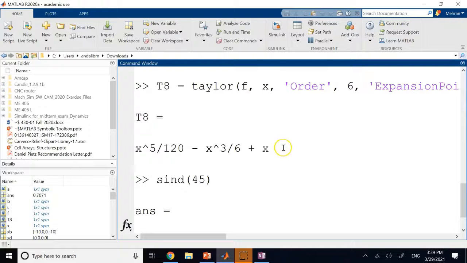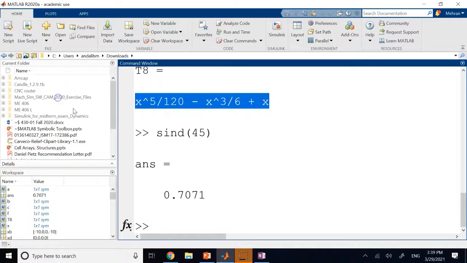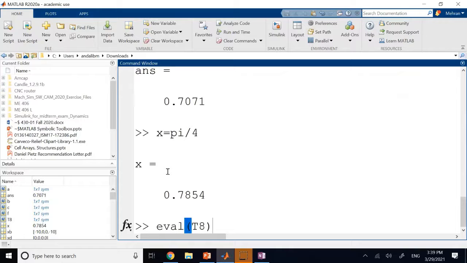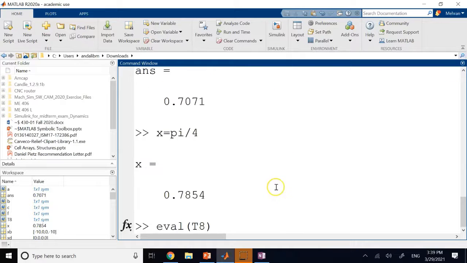Now, if I want to approximate it using this guy, what do I do? First, I need to make sure the input here is in radians, right? So x is going to be what? Pi over 4, right? 45 degrees, correct? Now I say eval this t, whatever I call it. Here, I wrongly call it t8, but that's okay. Evaluate this for me at this x value that I define, and look at that.